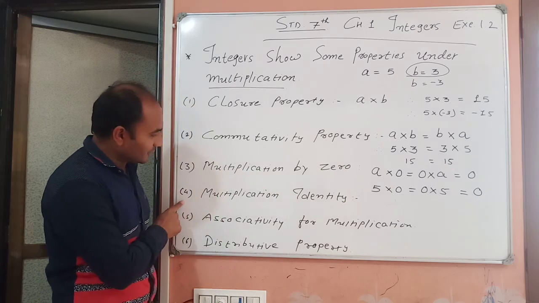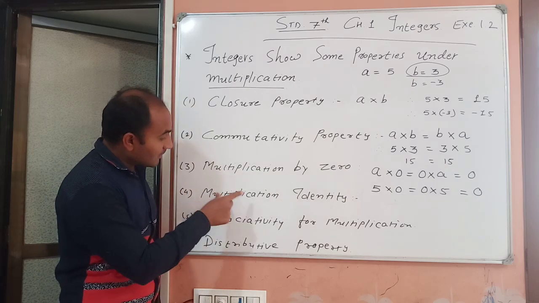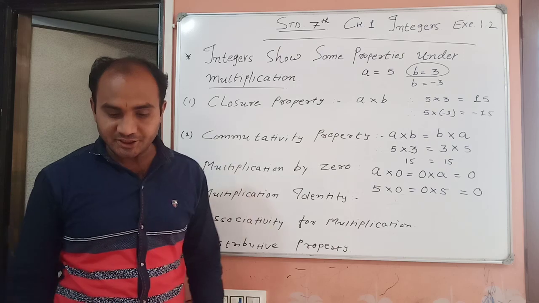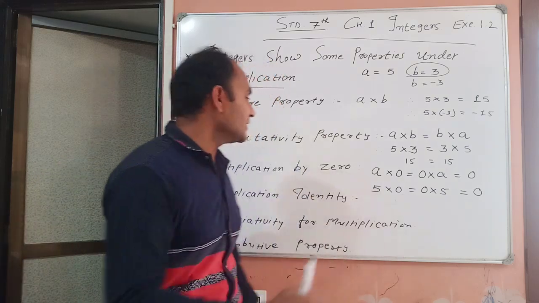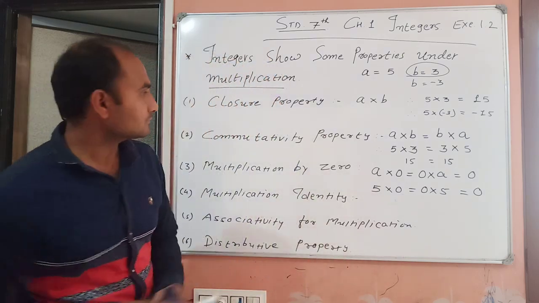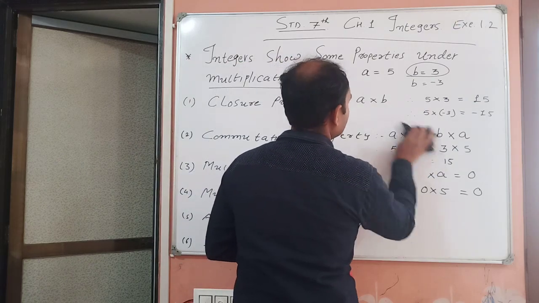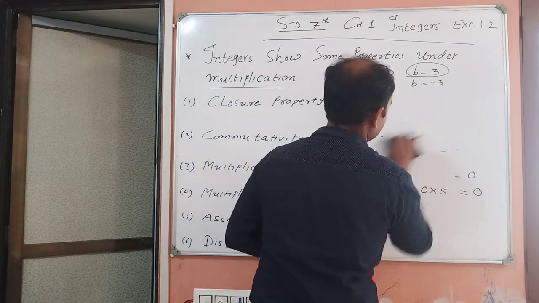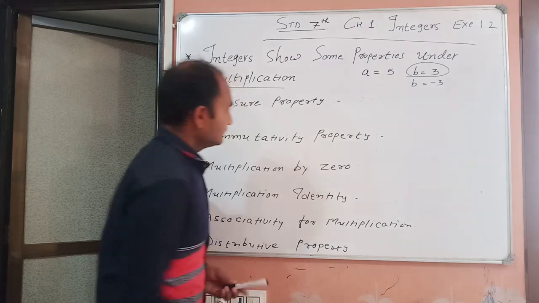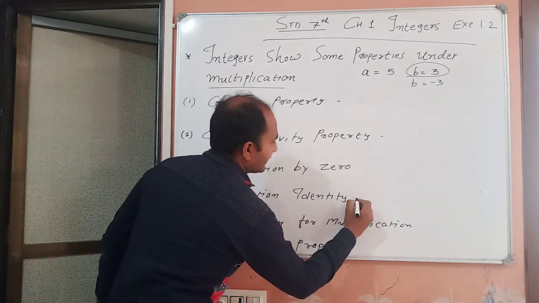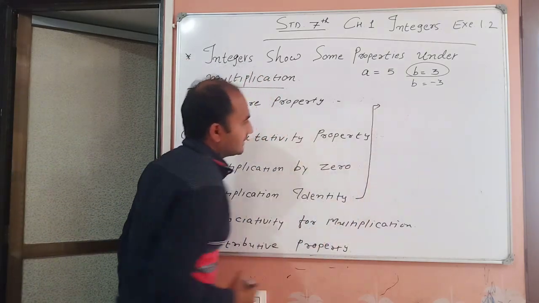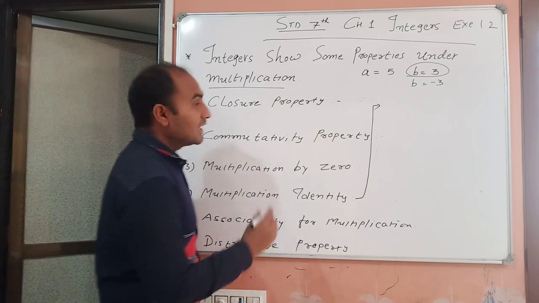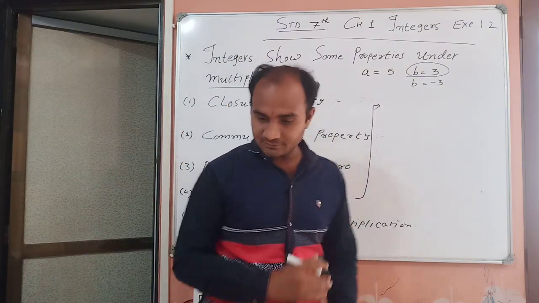Now, the fourth property. The fourth property is multiplication identity. Multiplication identity means multiply by 1.